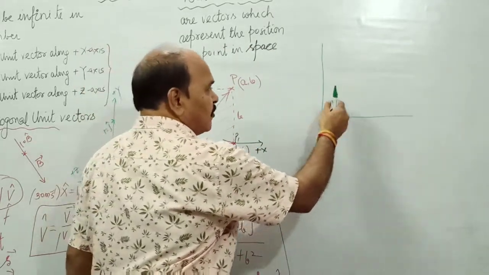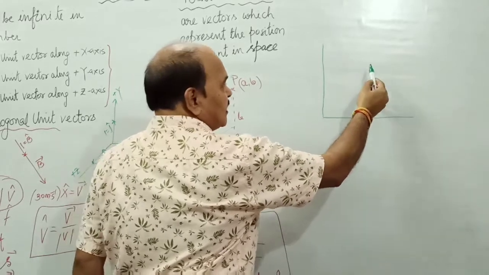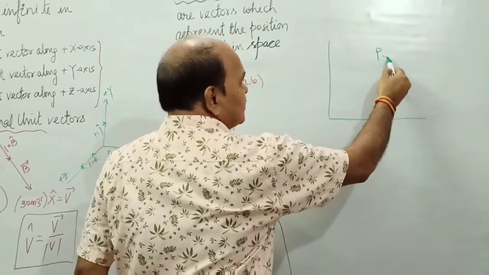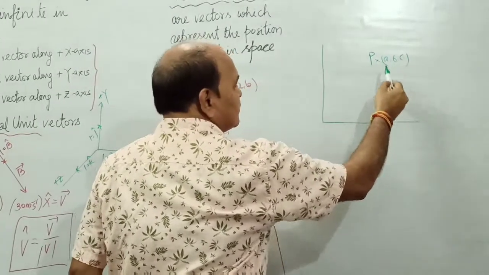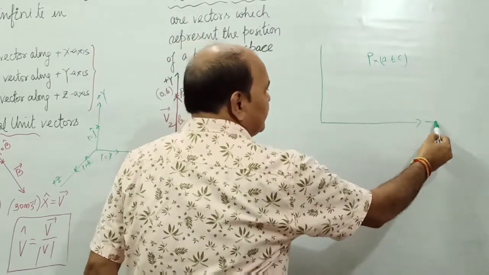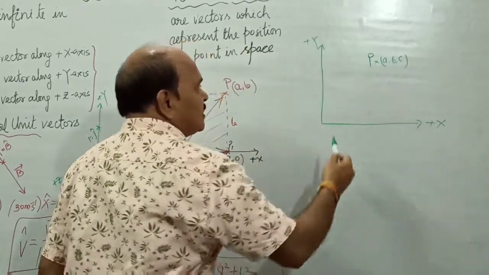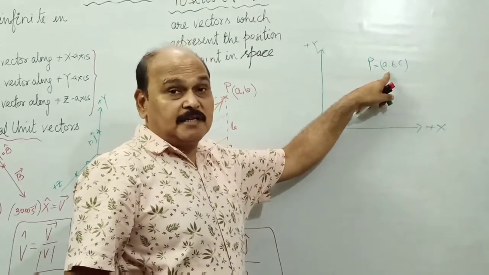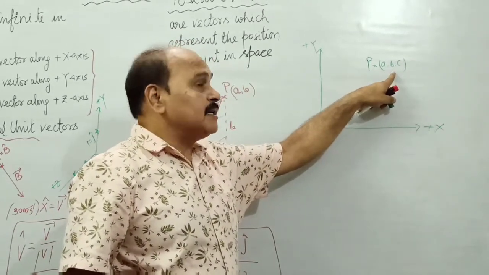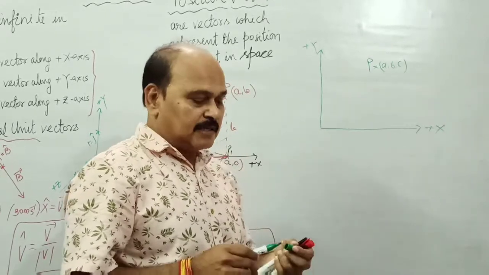And your point is somewhere in the space like this. And this point has position coordinates, say A, B and C. So position coordinates A, B and C, they represent what? They represent the intercepts: A is the intercept along x-axis, B is the intercept along y-axis, and C is the intercept along z-axis.